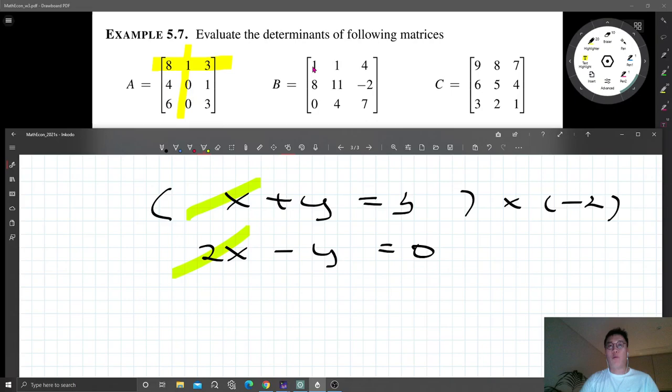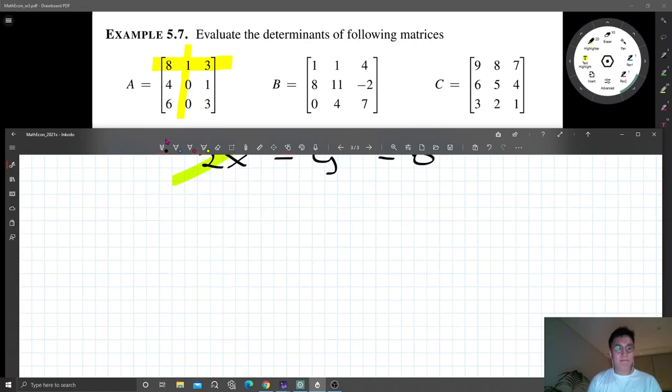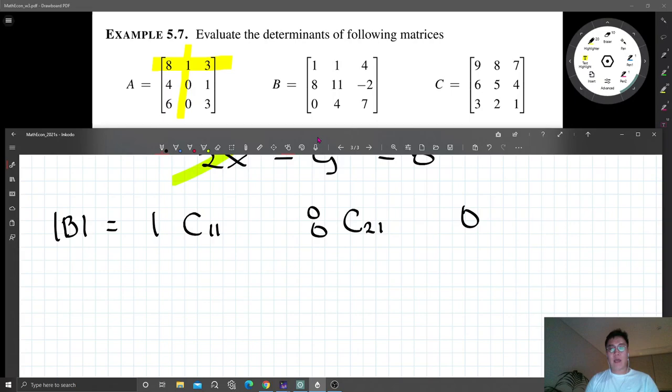So the determinant of matrix B is a linear combination of entries in the first column, 1, 8, 0, and we write the corresponding cofactors, C sub 1, 1, and C sub 2, 1, and C sub 3, 1.